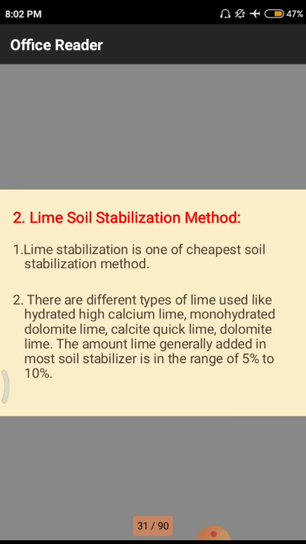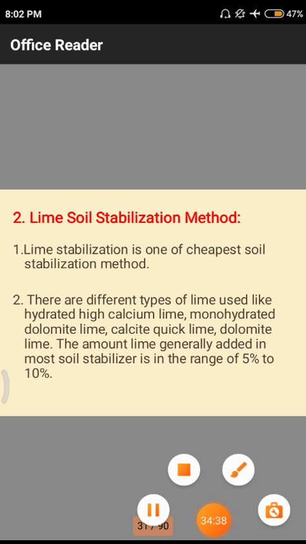Why? Because there are different types of limes like hydrated lime, calcium lime, monohydrated lime, dolomite, quick lime, dolomite lime, all of which we previously discussed. Most soil stabilization is in the range of 5 to 10%. I will show this with a diagram.